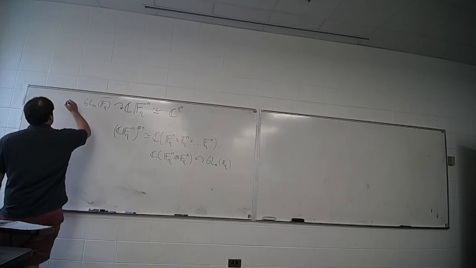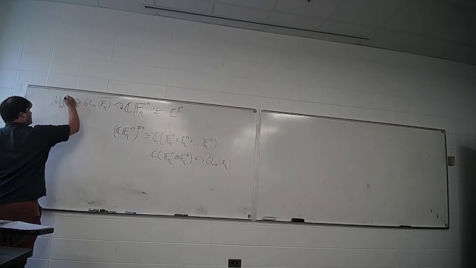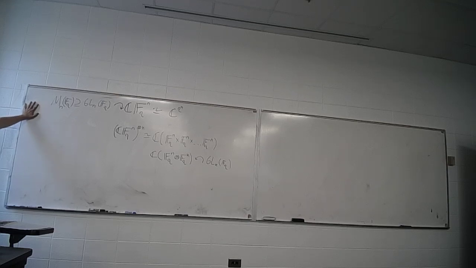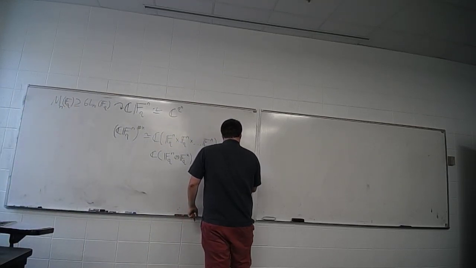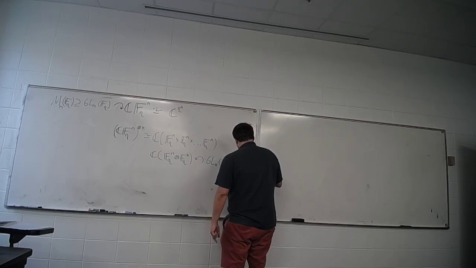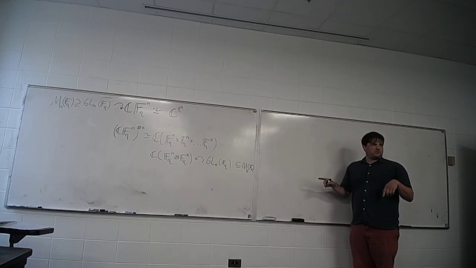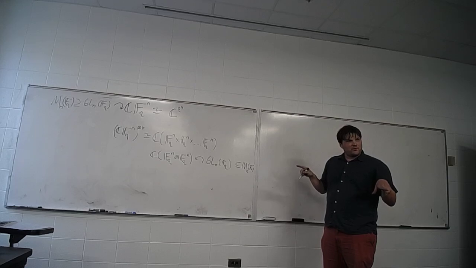So I can enlarge this to the monoid of all n by n matrices, not just the invertible ones. And similarly, I can enlarge this to the monoid of all k by k matrices over F_q, not just the invertible ones. These are bigger, they include more stuff.